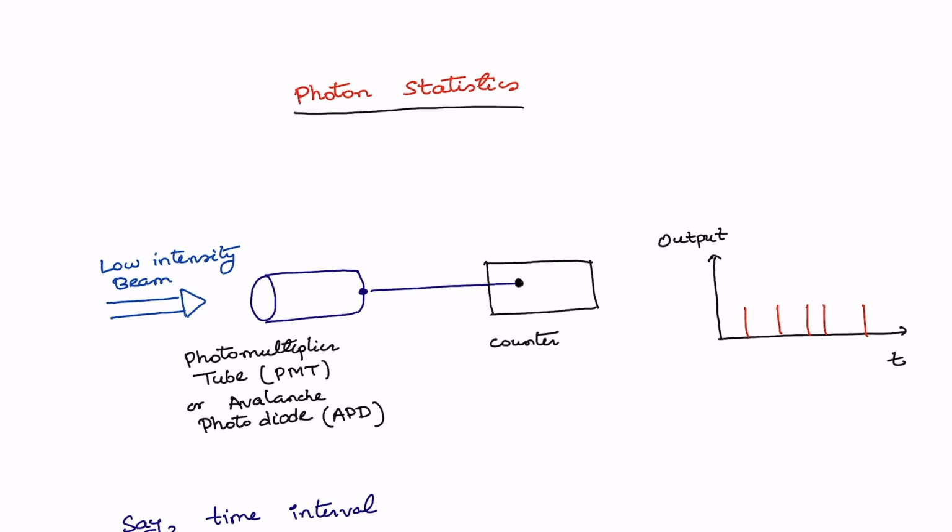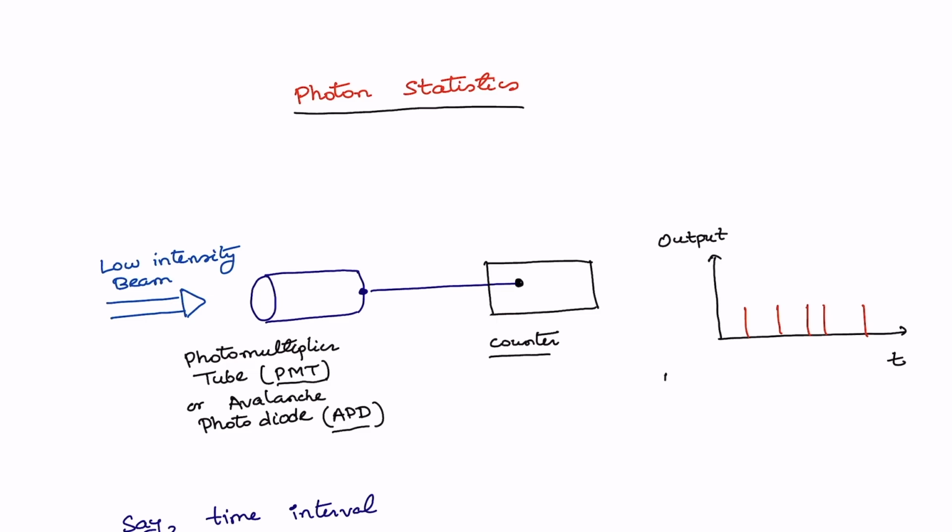What you see here is a low intensity light incident on a photomultiplier tube, called PMT in short, or an avalanche photodiode, called APD, which is connected to an electronic counter. This detector produces short voltage pulses in response to the light beam, and the counter registers the number of pulses emitted within a time interval which is set by the experimentalist.